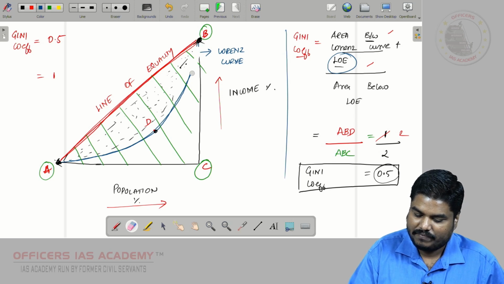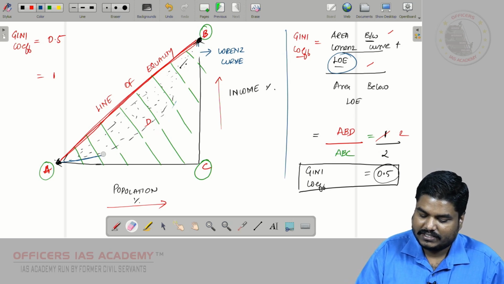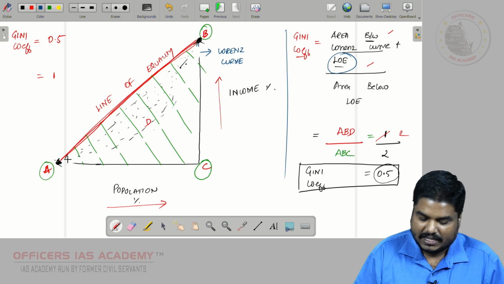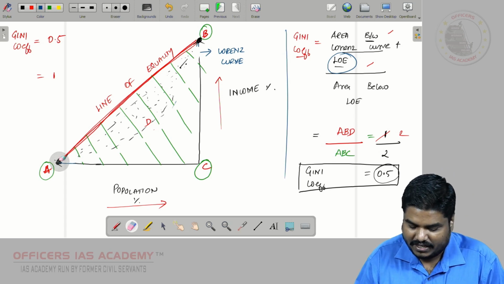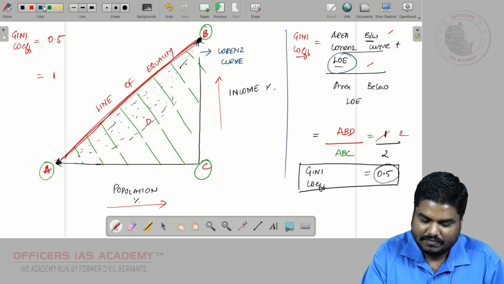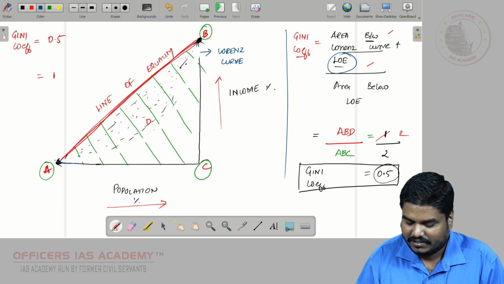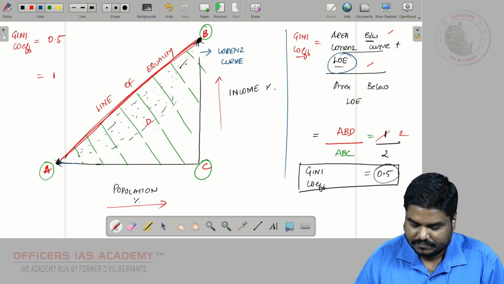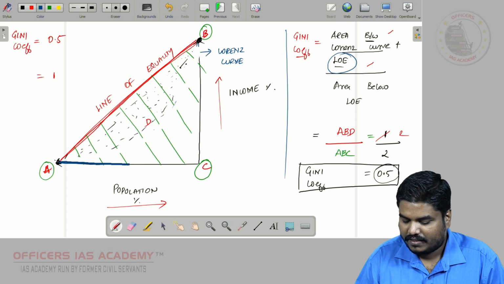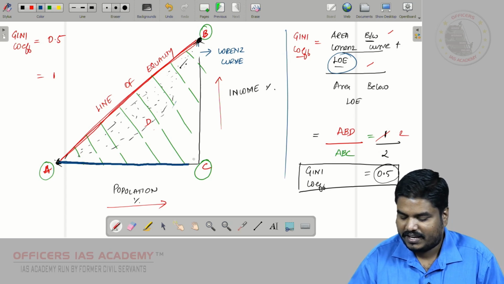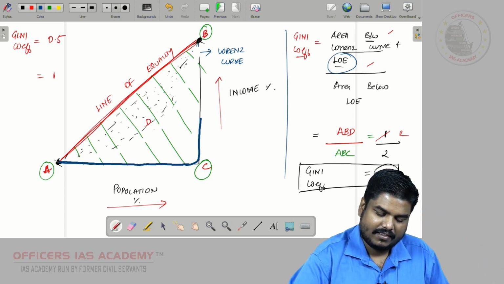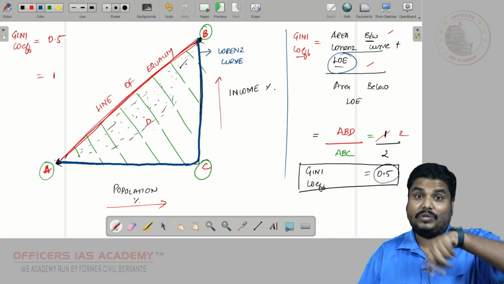Now assume the Lorenz curve is not like this. Assume the Lorenz curve is something like this. Assume this is the new Lorenz curve.